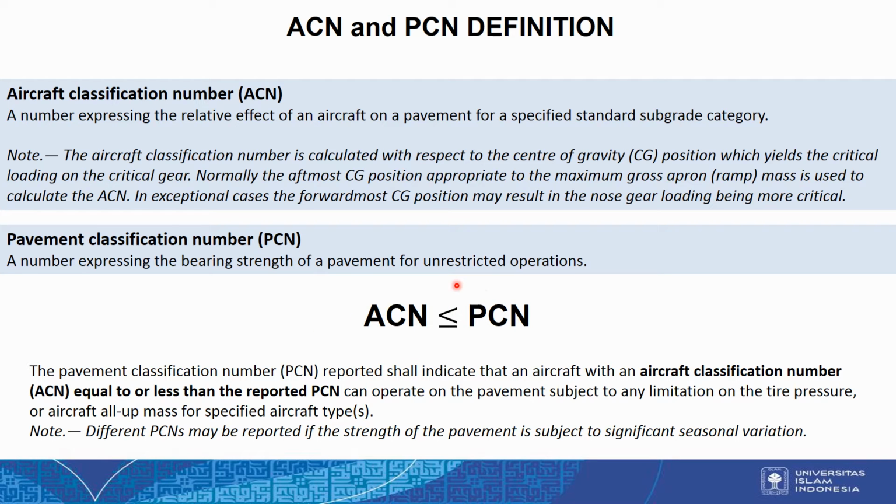So basically, the ACN of an aircraft has to be equal to or less than the reported airport PCN. This is the concept of the ACN-PCN method.